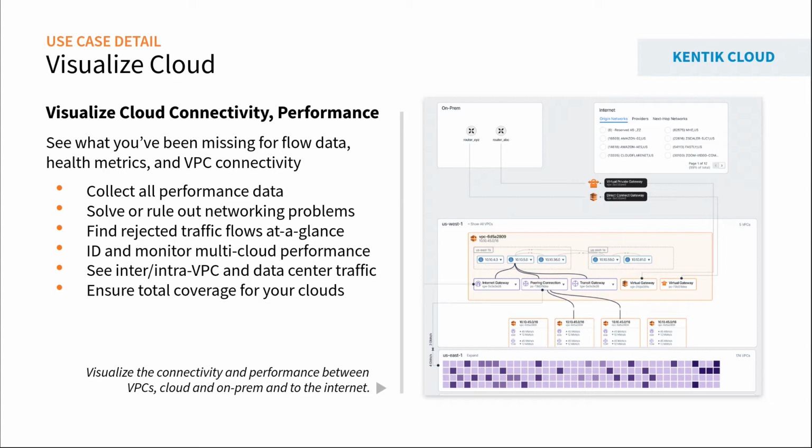Jim, I think there were some insights here. Yeah, so if you're looking at the screenshot on the right there, you'll see a few interesting things. There's the on-prem section in the top left. This is where we take your existing infrastructure, your on-prem data center, offices, whatever, and we show how the connections go through either a VPN or a direct connect into AWS.